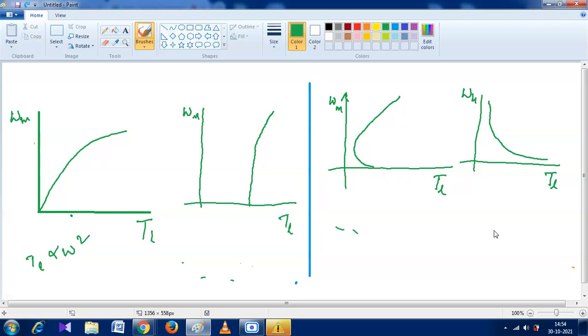The speed torque characteristics of a fan type load, where the load torque is proportional to the square of the speed. Then the speed torque characteristics of a low speed hoist, where when the speed is low, at that time the torque is independent of speed.